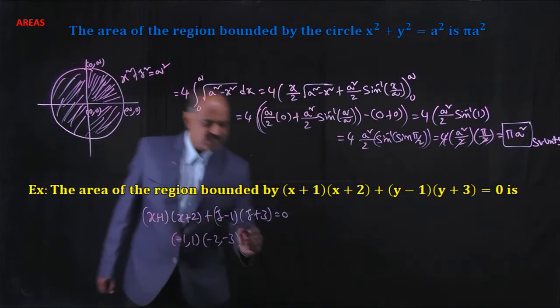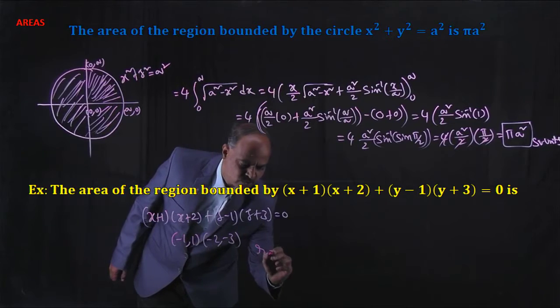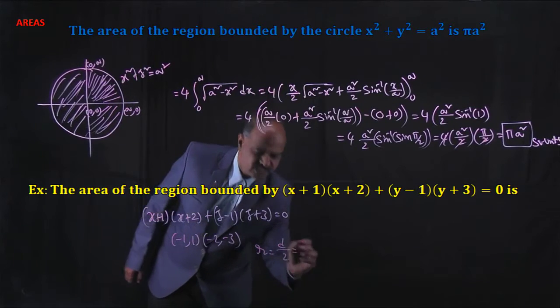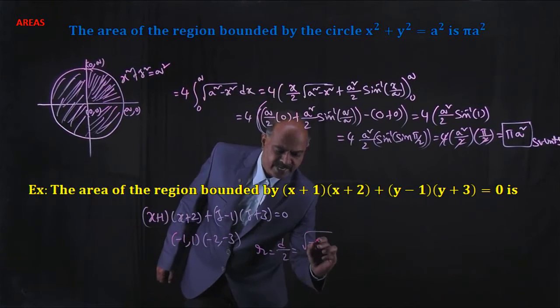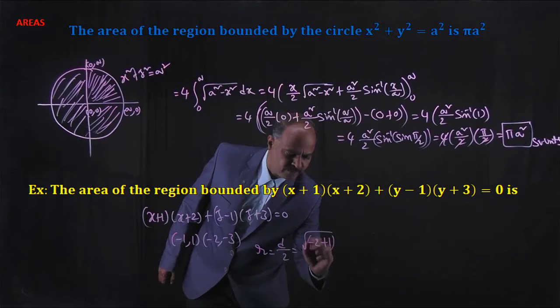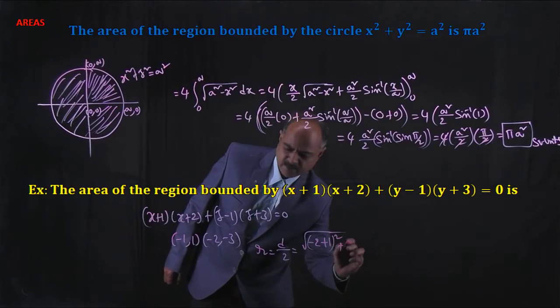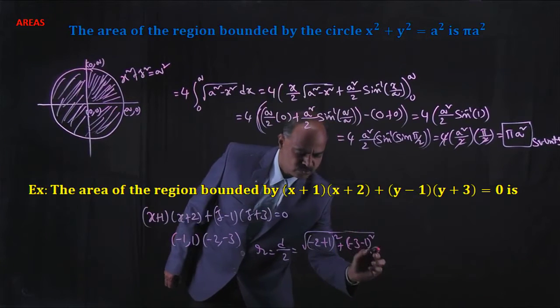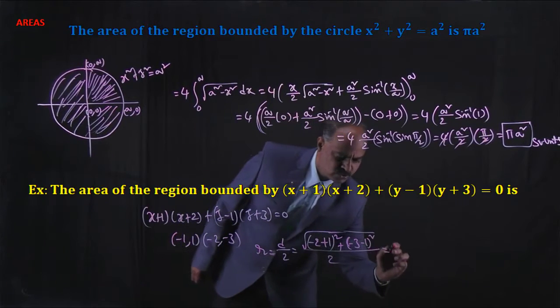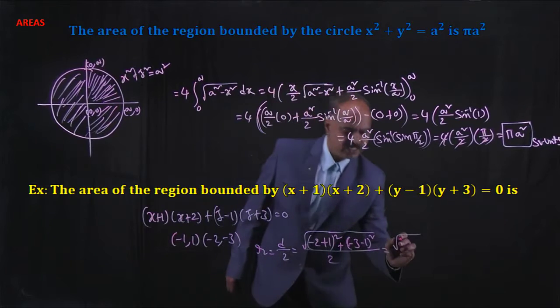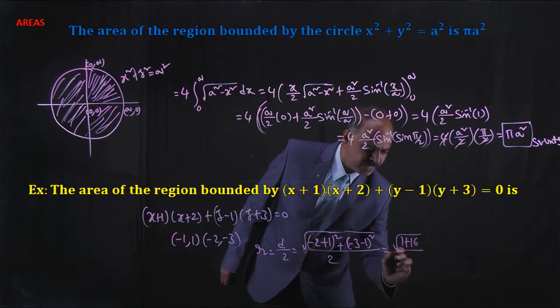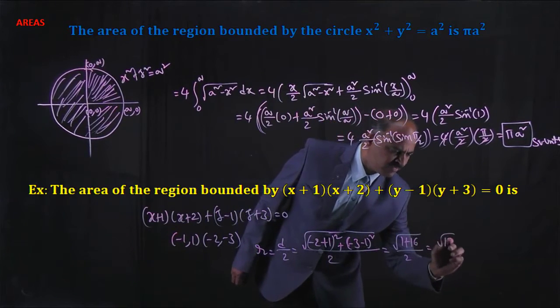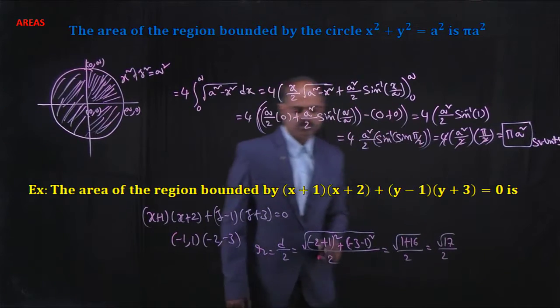So radius of the circle r is equal to d by 2. So that is equal to root over minus 2 plus 1 whole square plus minus 3 minus 1 whole square, by 2. That is equal to square root of 1 plus 16 by 2, that is equal to root 17 by 2.